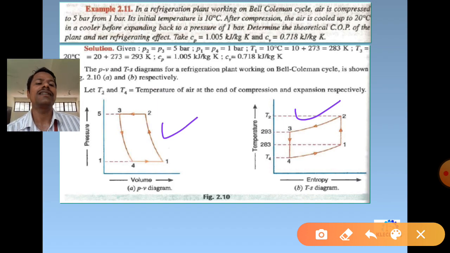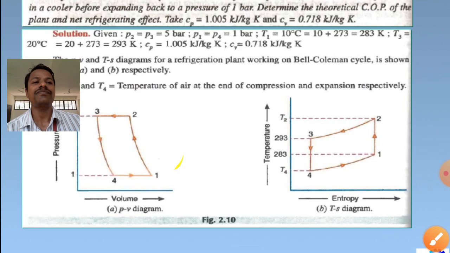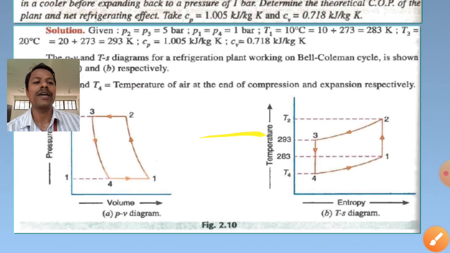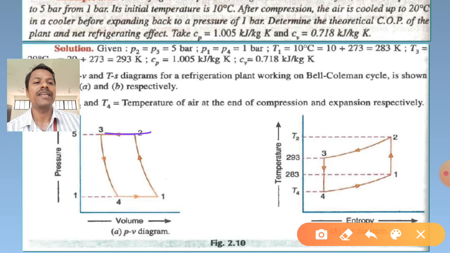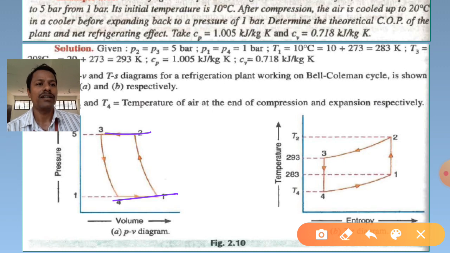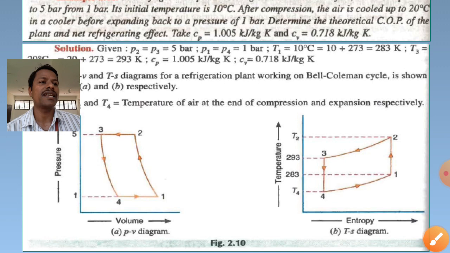Now in this plant we can write the higher pressure P2 is equal to P3, is equal to 5 bar here, and P1 is equal to P4, this is 1 bar, they have given in the problem statement, and initial temperature is 10 degrees Celsius. So I am converting it to Kelvin, 10 plus 273 is 283 Kelvin.